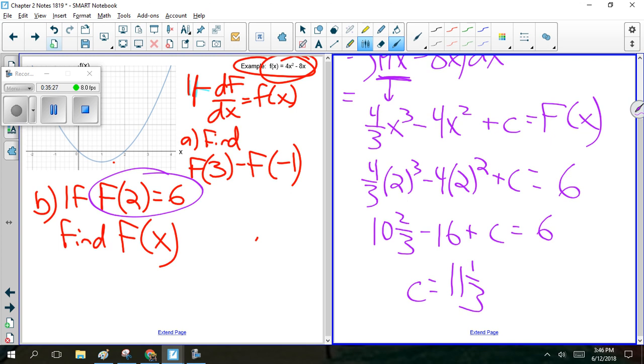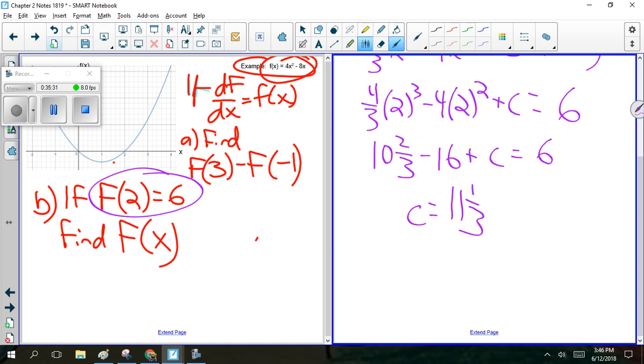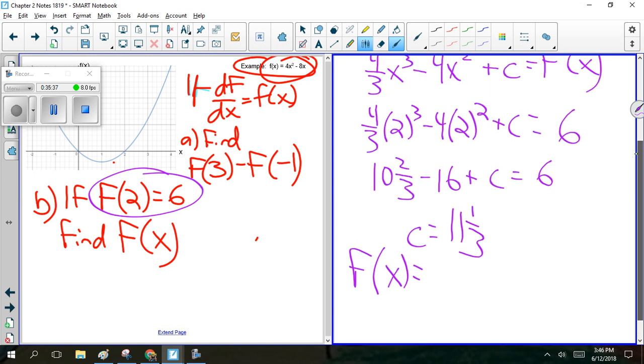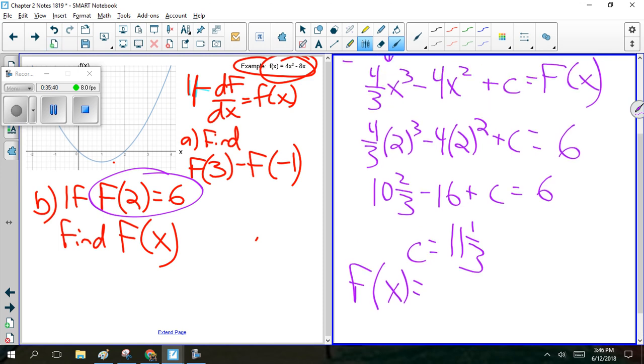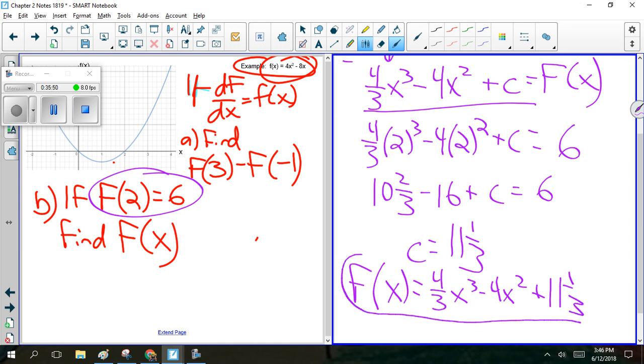Because 10 2/3, 11 1/3, that gives you 22, minus 16 gives you 6. There you go. All right, yeah, so that means then that capital F of x is 4/3 x cubed minus 4x squared plus c, which is the 11 1/3. All right?